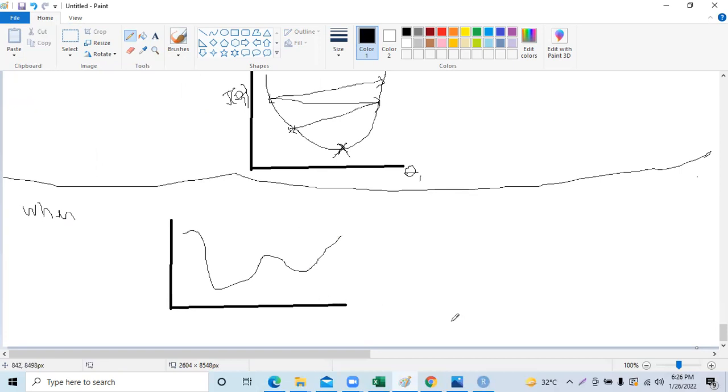We have two local minimums, one here and another one here. This is theta 1, and this is J of theta 1.